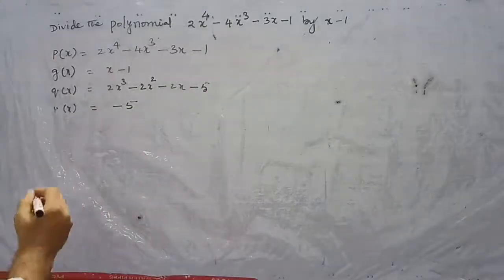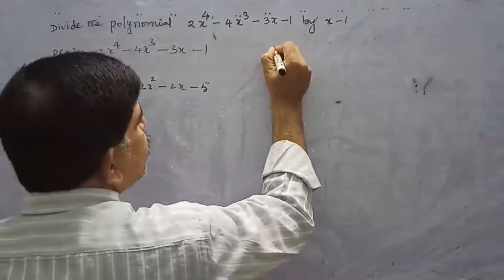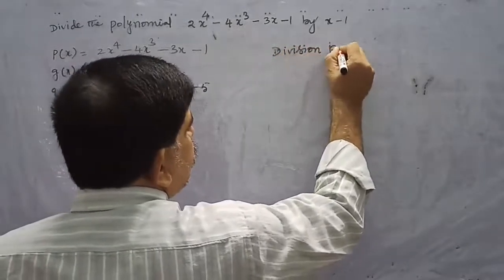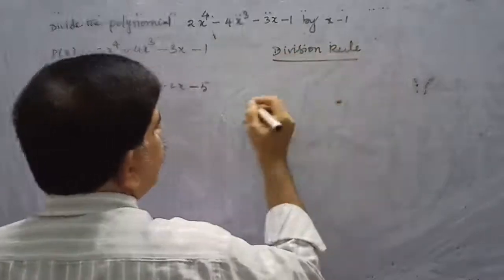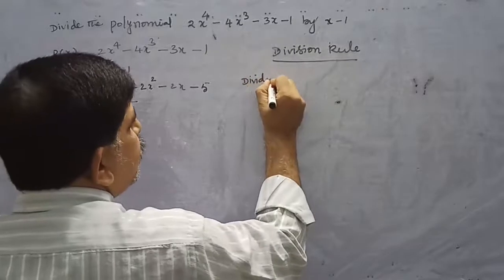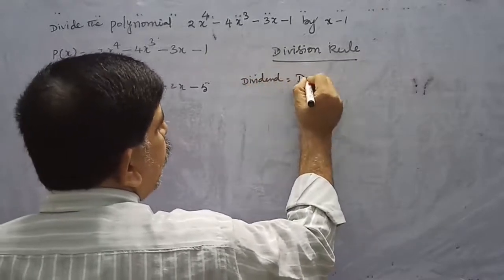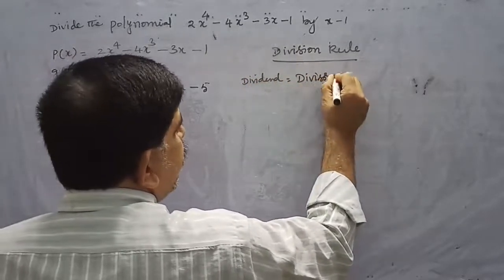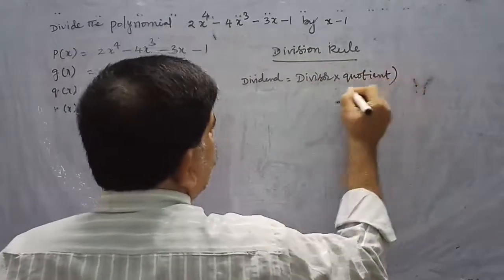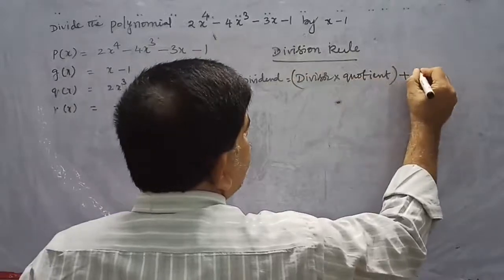Now we know the division rule. Division rule is: dividend is equal to divisor into quotient plus remainder.